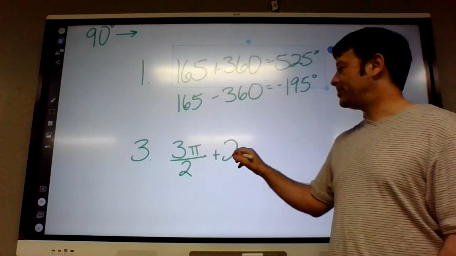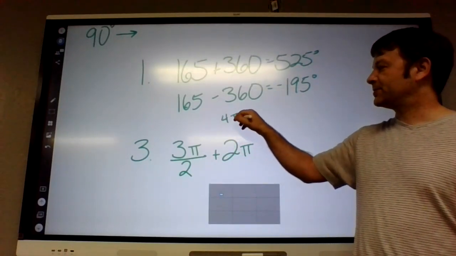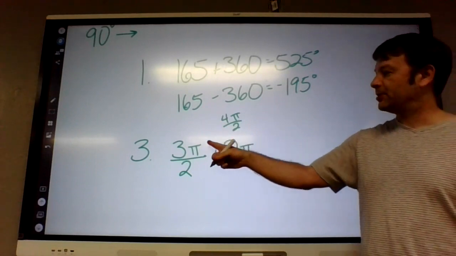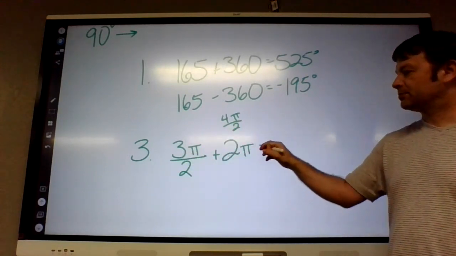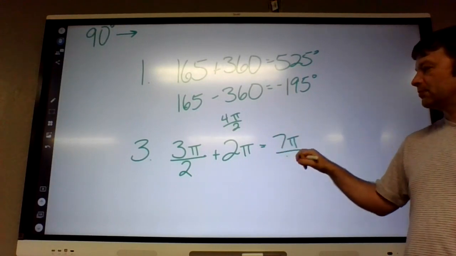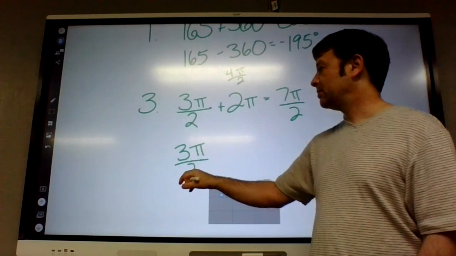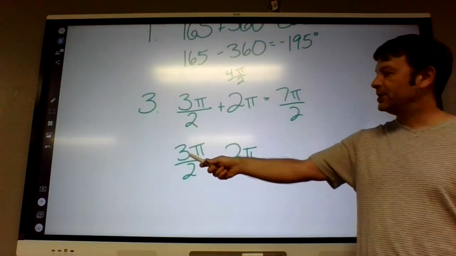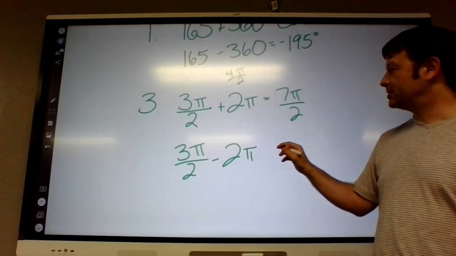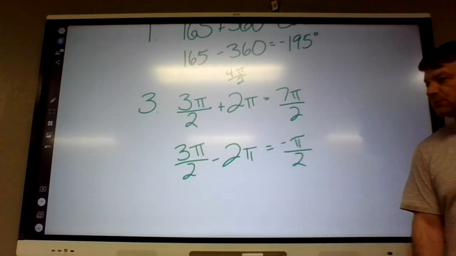So it's plus 2 pi. 2 pi would be the same thing as 4 pi over 2. So if you add those together, it would be 7 pi over 2. And minus 2 pi, or minus 4 pi over 2. So 3 minus 4 is negative 1 pi over 2.